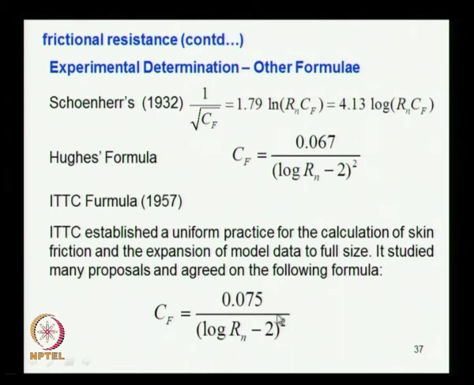Why does the Cf value need to be estimated from experiment? Because Cf is a frictional resistance coefficient, and friction depends on the viscous property of the fluid. If you want to consider the viscous property of the fluid, you have to consider the real fluid particle motion. Real fluid particle motion is dealt with only by the Navier-Stokes equation.